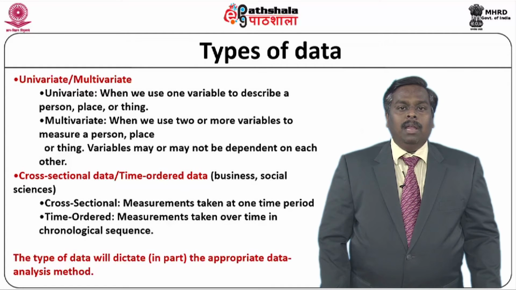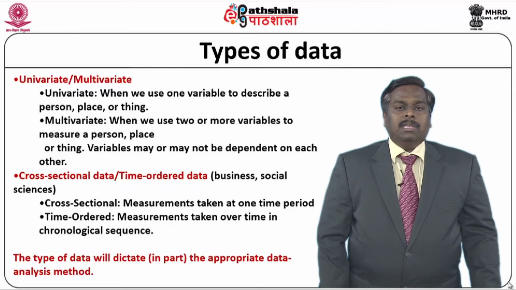Now we can analyze the students with respect to their time spent and the percentage of marks they have scored. This is an example of multivariate data. With univariate data, we may consider just the percentage of marks scored by an individual in an exam. There we are working only with a single variable, the percentage of marks.